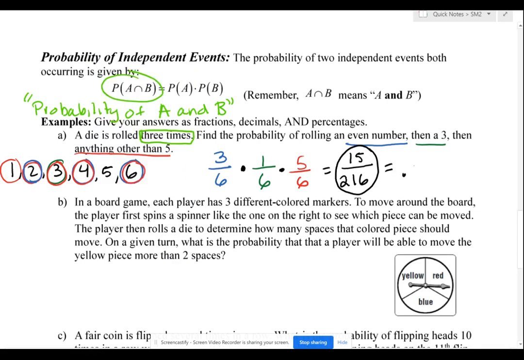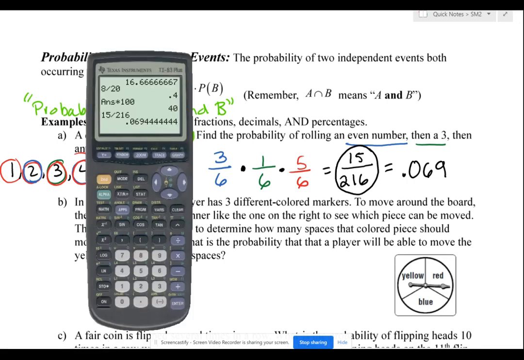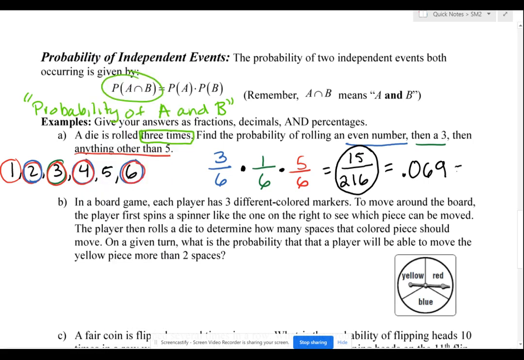And then to find the percent, I multiply by 100, and I get 6.94444%, so I'm going to say that equals 6.94%. All 3 of them are answers, just represented in different ways. So there's example A.